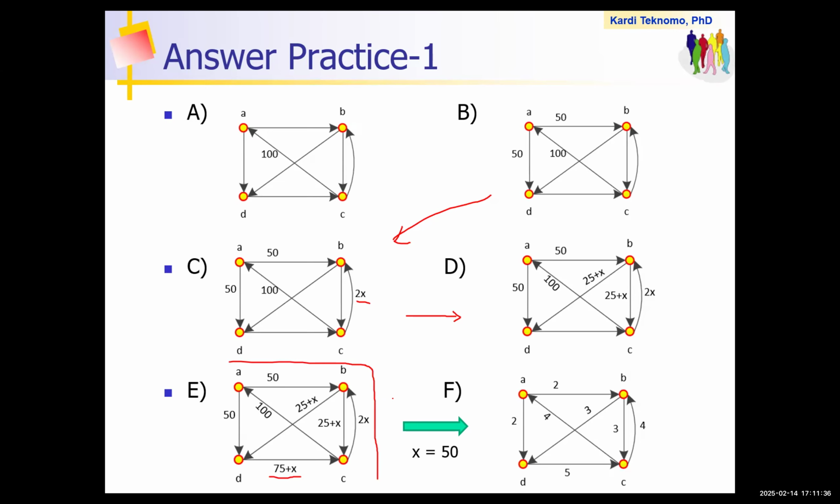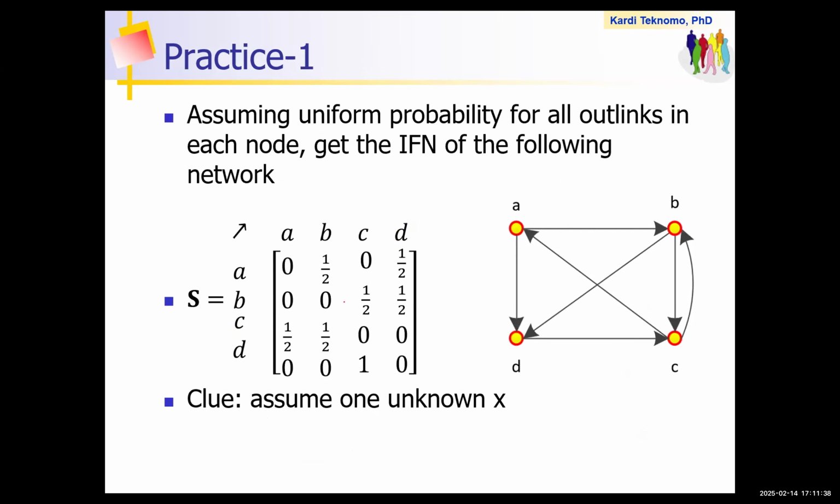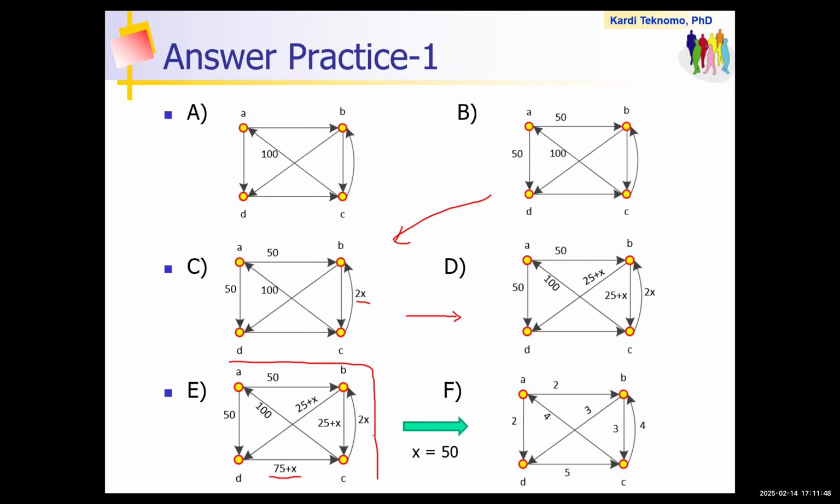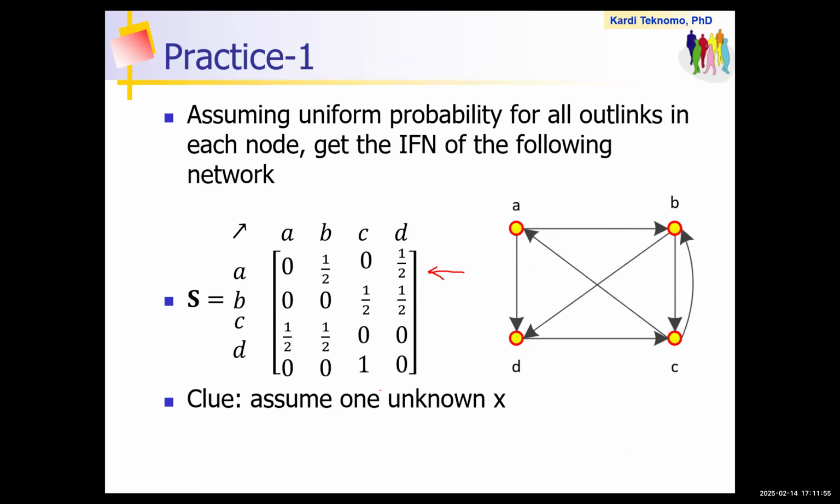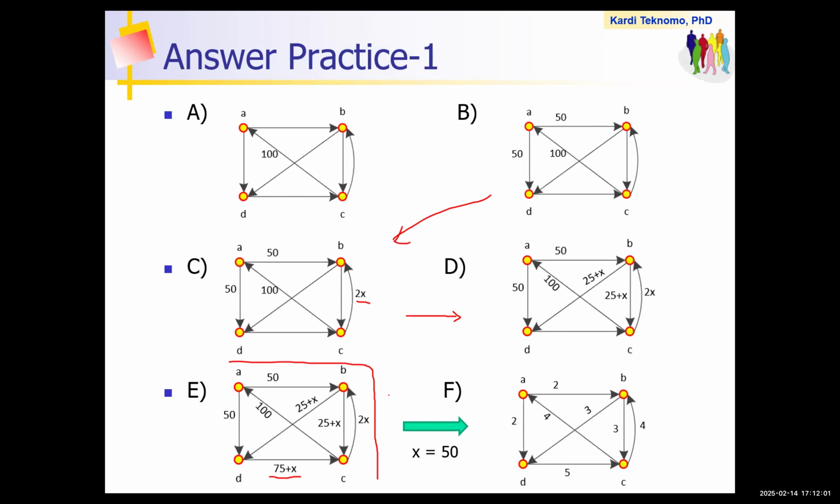The correct x must be the one that actually passes through this stochastic matrix. If you assign x equal 1, it is no longer the same as the given stochastic matrix. To make it the same, x must be 50.